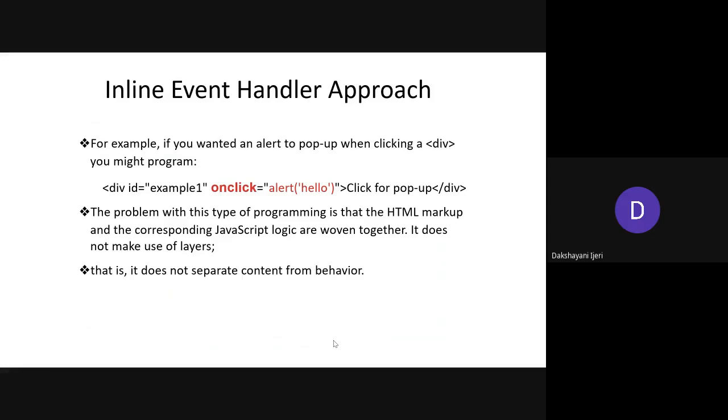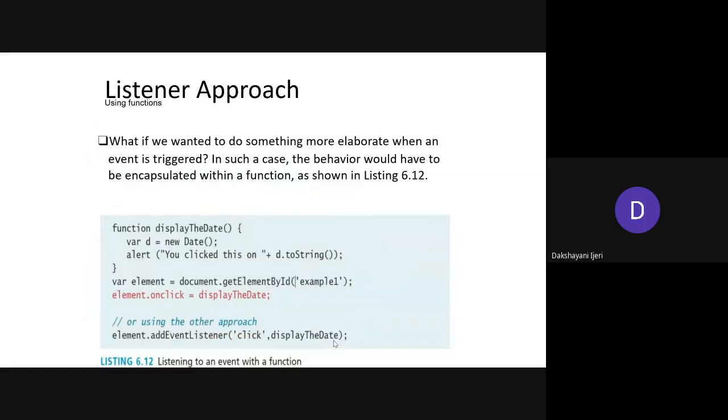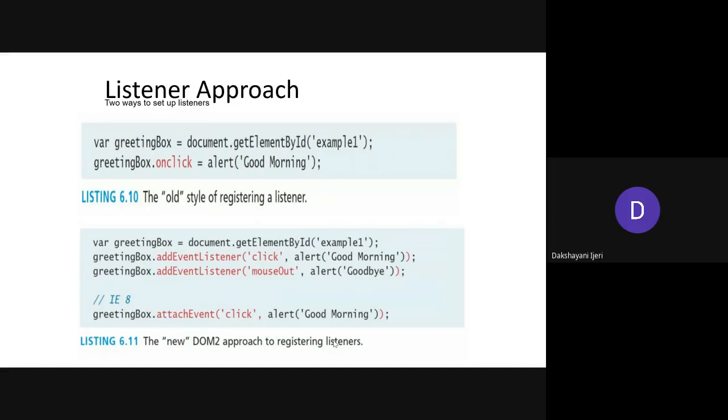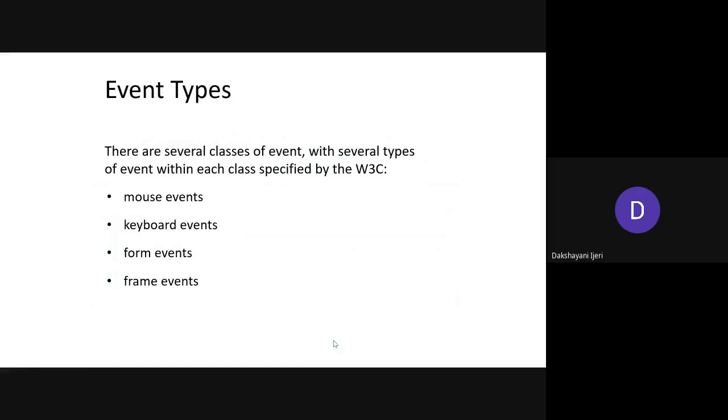In that case, you need to explain the inline event handling and the listener approach with the add event listener method, and one more, which is with the function. So add event listener without the function and add event listener with the function. You should be able to explain these three possibilities if it is asked to explain the different approaches used for event handling.